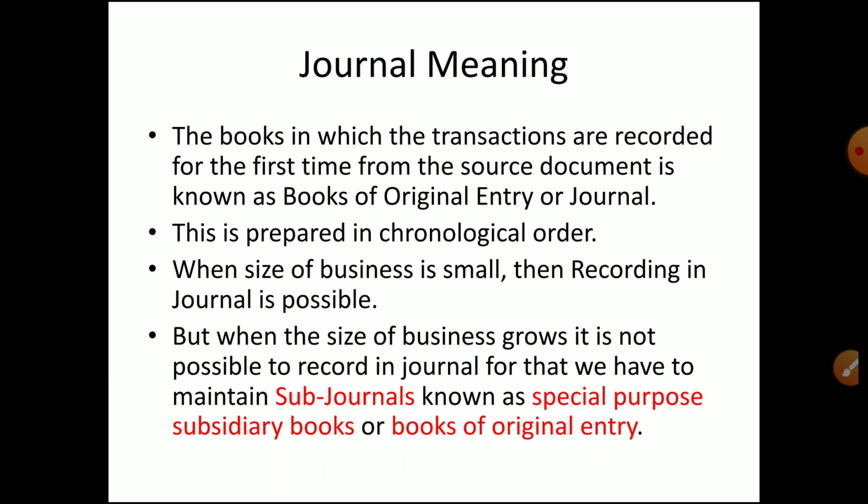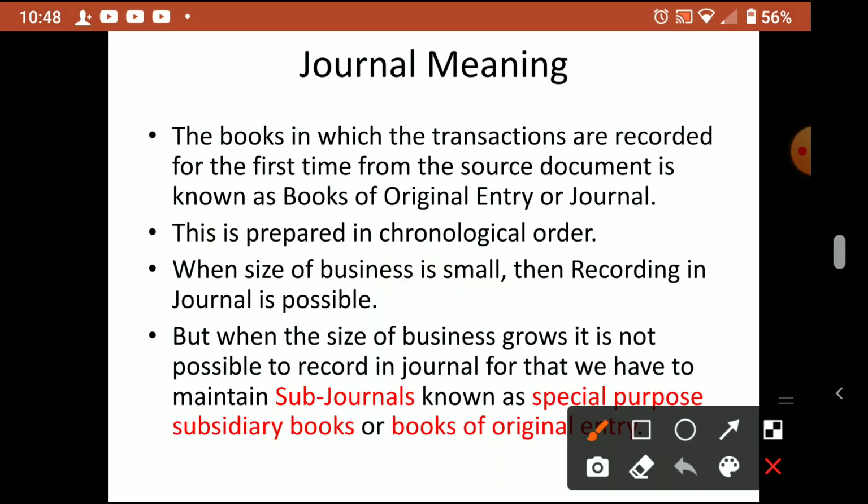Books of original entry, because it is recording for the first time. This is prepared in chronological order, meaning date wise. Whatever happens first when we open the shop will be recorded first, then after that the next, like that it will be written date wise. So the first date will come first, followed by the other dates.